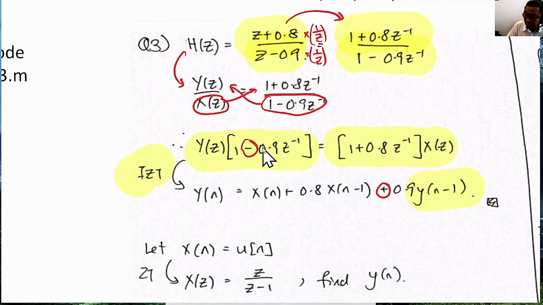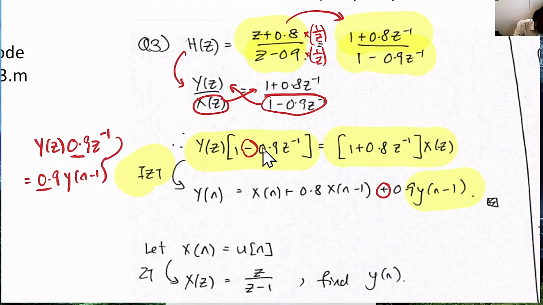That is why the negative becomes the positive. So Y(z) times 0.9 z^-1 is simply 0.9, the coefficient, y[n-1]. This n-1 is, remember, due to this z^-1. Because the whole thing is now on the minus, when we move to the left hand side, it becomes positive.